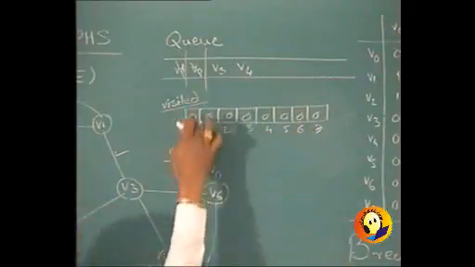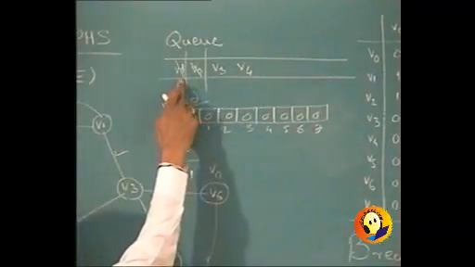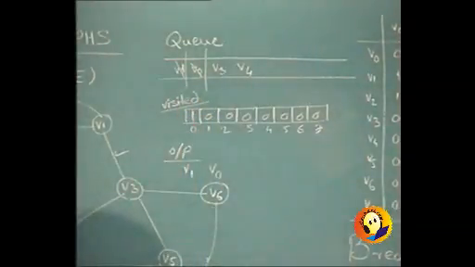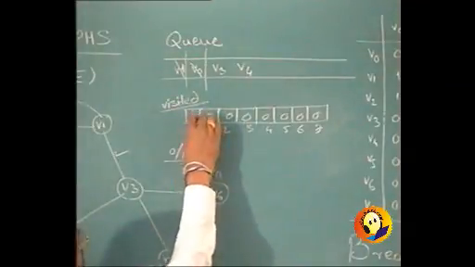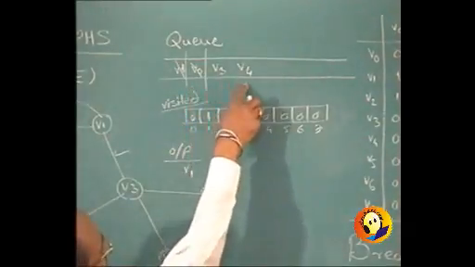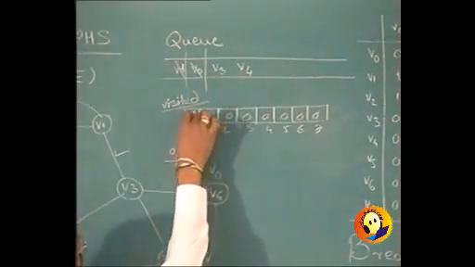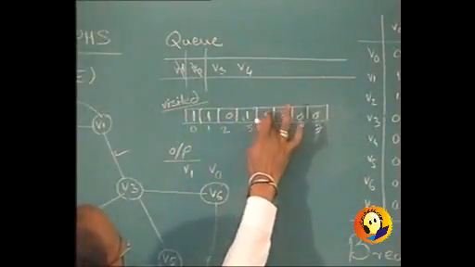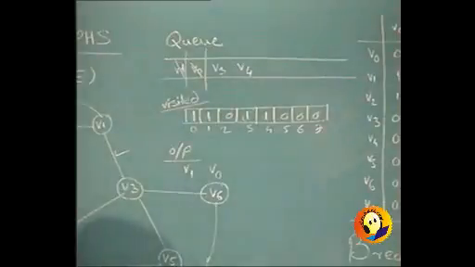When I put V1 into the queue initially, I will set visited of this to true. Then when we put V0, V3, V4, we will have to set visited of 0 as true, visited of 3 as true, visited of 4 as true. So they are visited, that means they are already put into the queue.